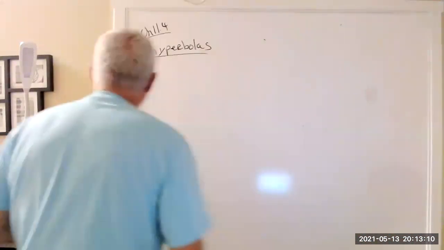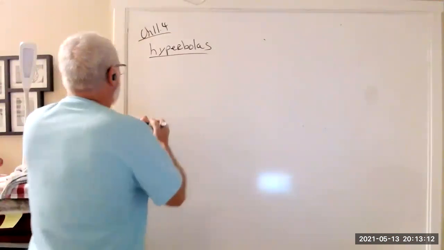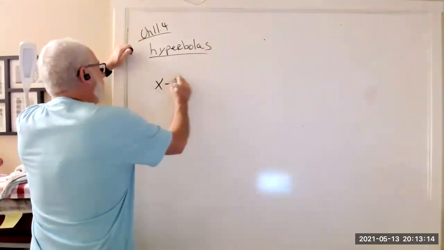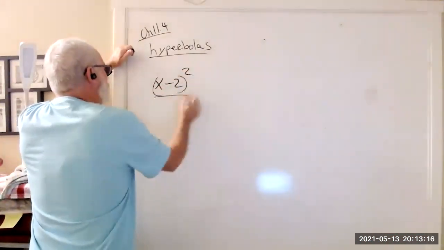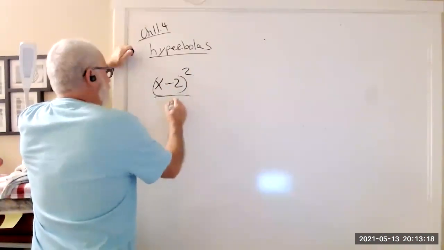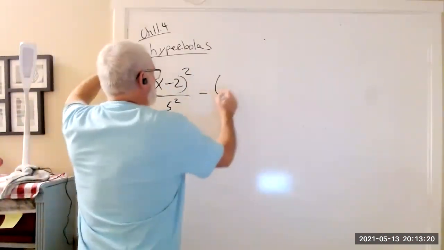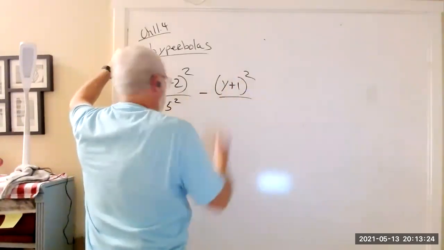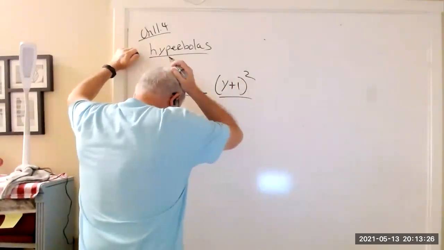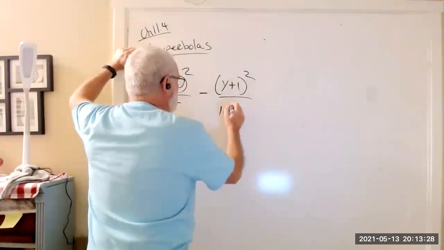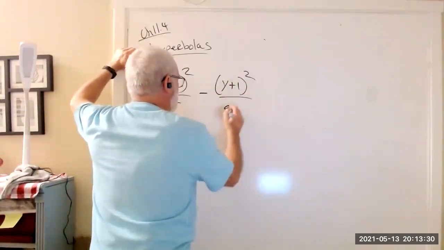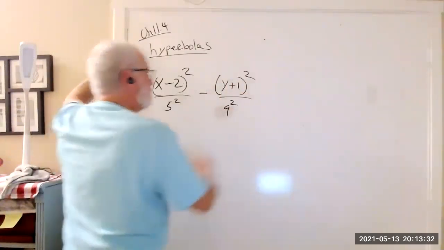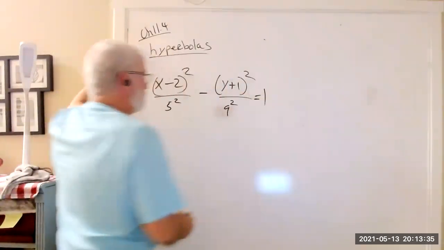Oh, well. Okay. So let's take a simple problem. X minus 2 quantity squared over 5 squared, minus y plus 1 quantity squared over, let's call it 9 squared, just because it's different, equals 1.